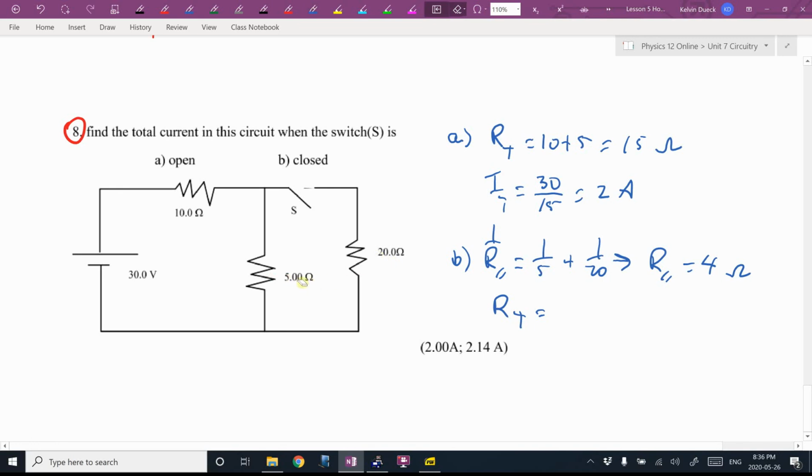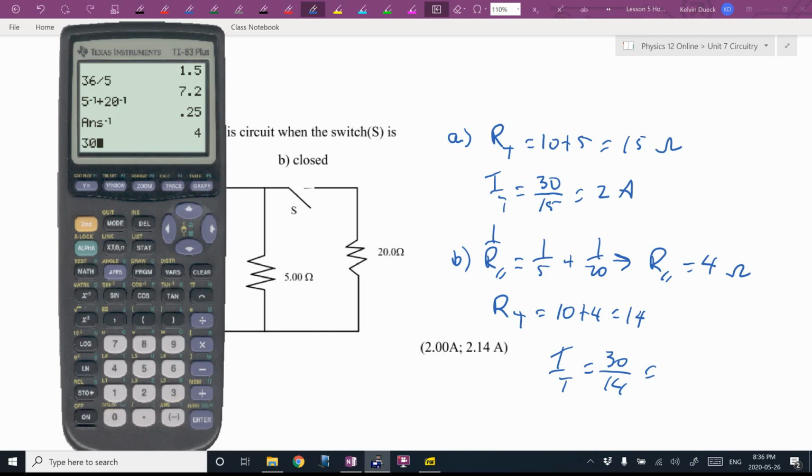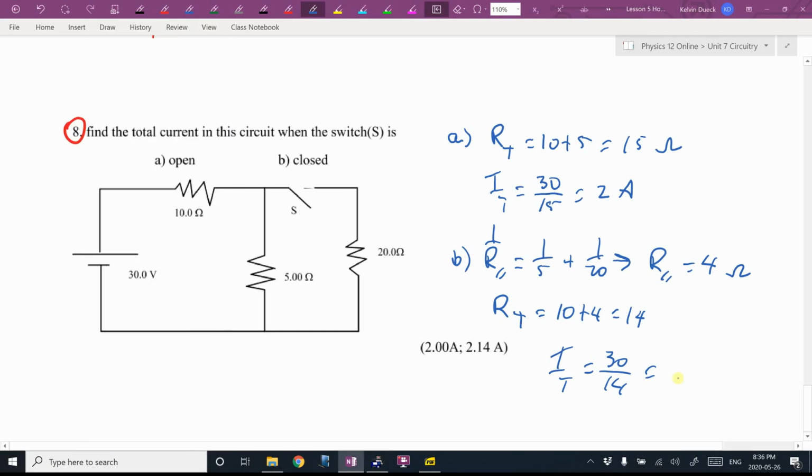The smallest resistor was a 5. Our parallel is always smaller than the smallest resistor making up your parallel circuit. Our total is going to be 10 plus 4, 14. So I total is going to be 30 over 14. 2.14.